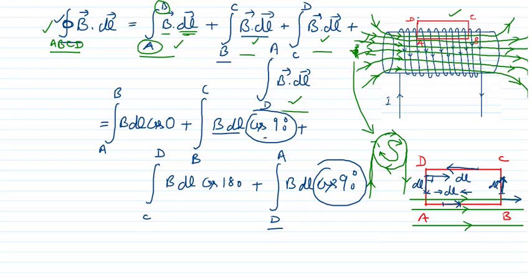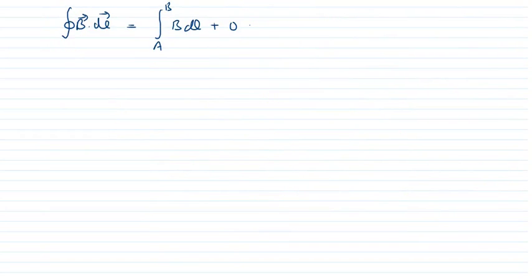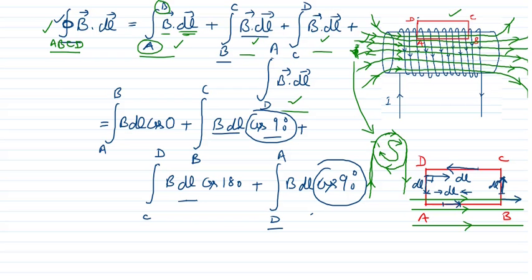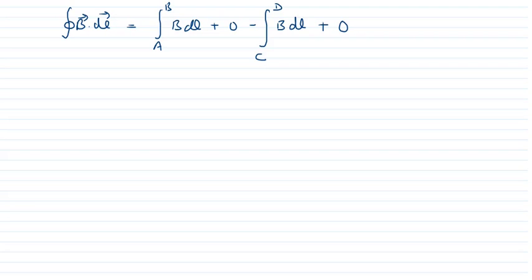It will become A to B, that is B dl cos 0, which is 1, plus 0, B to C is 0, then minus, A to B, B to C, then this is C to D, cos 180 is minus 1, this is B dl, and plus the last one, you can see it is cos 90, it is again 0, D to A. So therefore our formula reduces to this one.